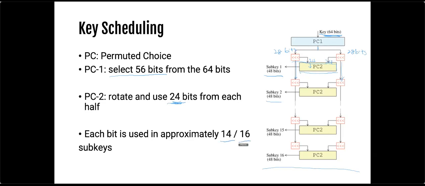The key idea for this permuted choice is that we hope every bit has a similar chance to be used among all those 16 subkeys. We want the bits to be evenly distributed, so there's no bit that is never used or very rarely used, or a bit that is used too frequently. So this is the way that key scheduling works.